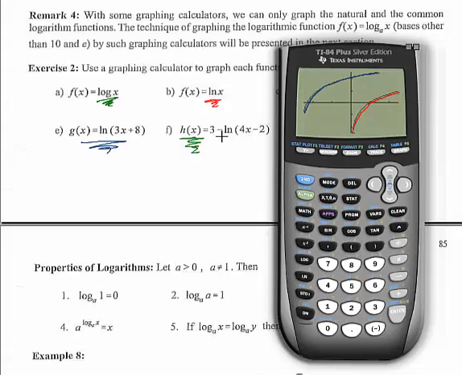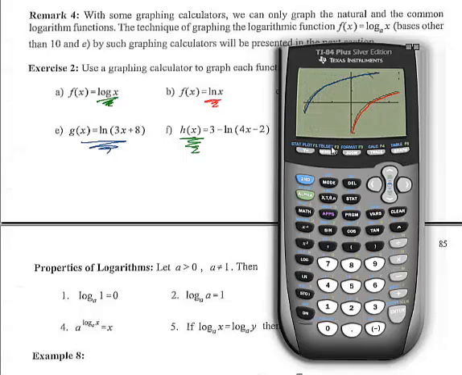What happens if we make the ln negative and then have a plus 3 on the outside? So we have 3 subtract ln of a 4x, so it's probably going to be even flatter, but then we don't shift it left, we shift it right 2 units.